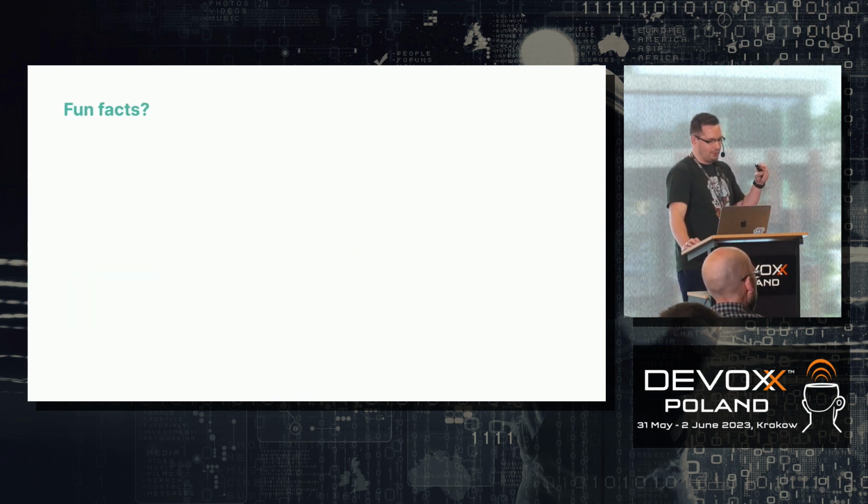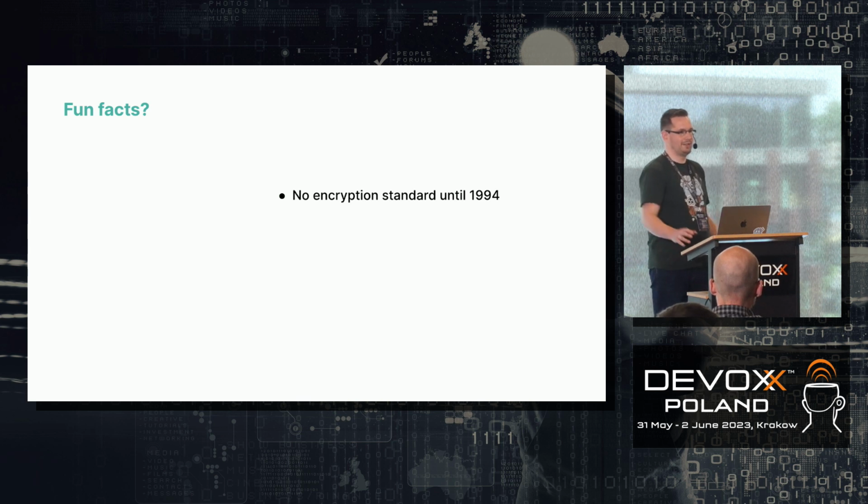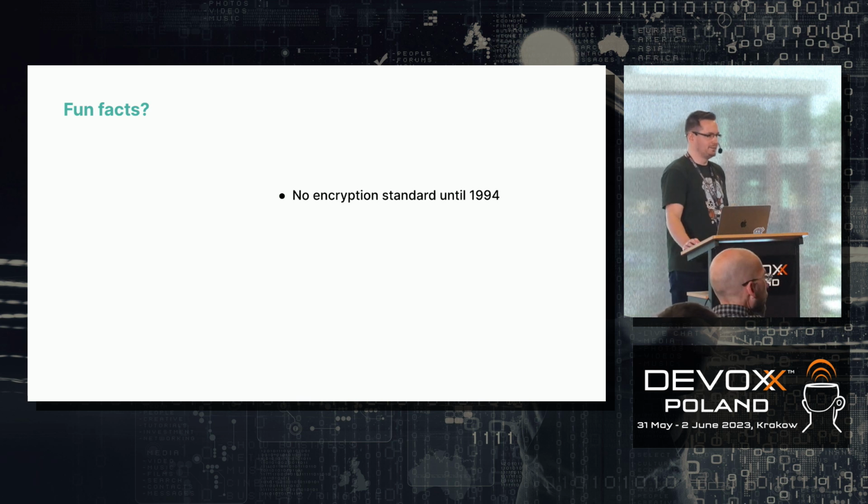Now, to make it a little bit more fun or a little bit more scary, I have a few cool examples of how the internet was designed and how it works. So first of all, no encryption standard until 1994. Just imagine it: nowadays we are talking about encrypt everything, but there was absolutely no encryption in the very beginning.